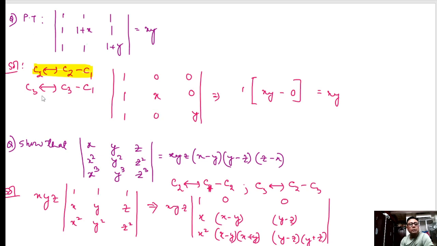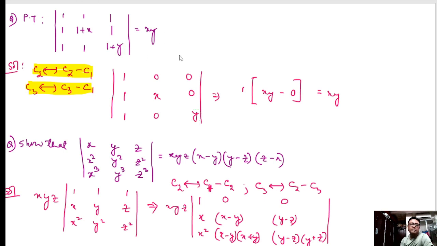Next operation we want to do is C3 minus C1. So let's see, C3 minus C1 and put it in C3. C3 minus C1, which is 0, and put it in C3. C3 minus C1, which is y, and put it in C3.